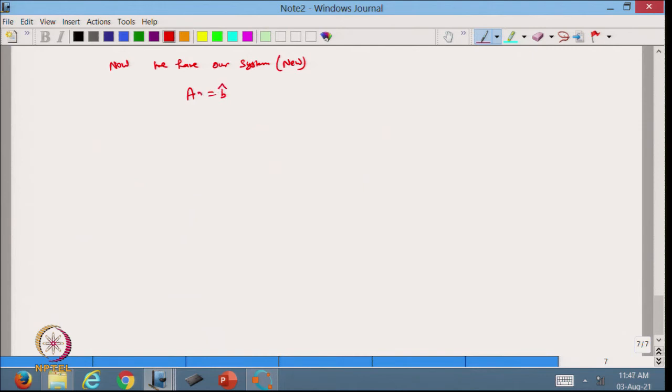So, in that case we need a solution, and that will be a new solution, which I am writing as x hat. So, x hat is a solution of A x hat is equal to b hat.